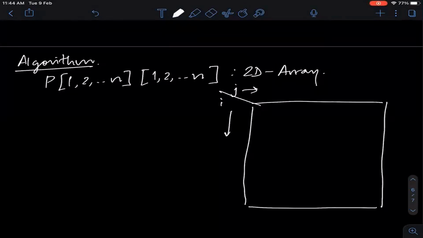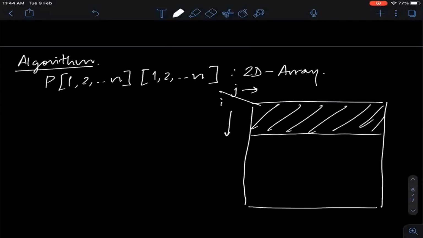But what I'm asking is why doesn't filling up row wise work. So suppose you have filled up all these rows, and let's say you have partially filled up this row and you are at a specific position now. So this is I comma J. What are the elements that you will require if you want to compute I comma J?